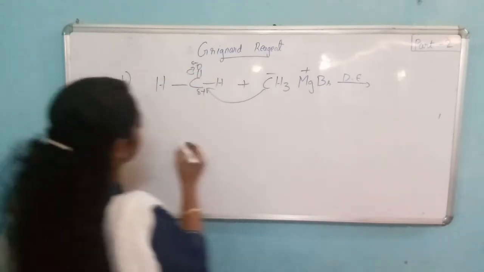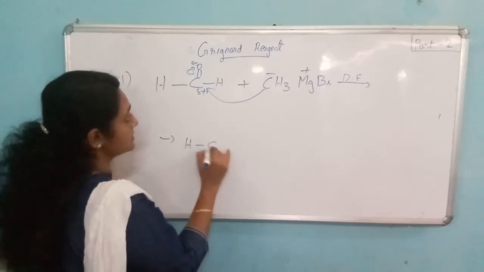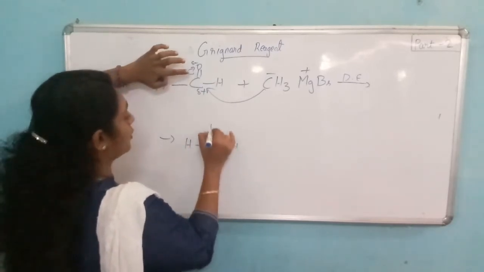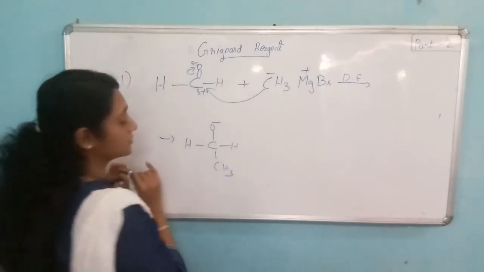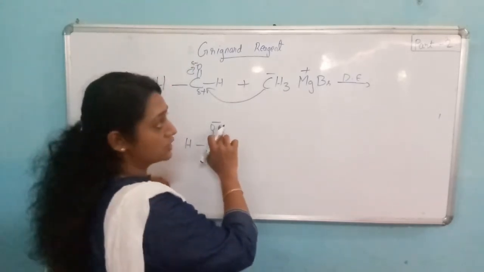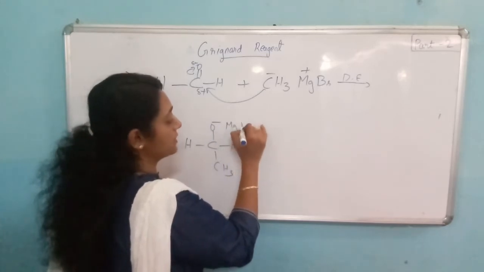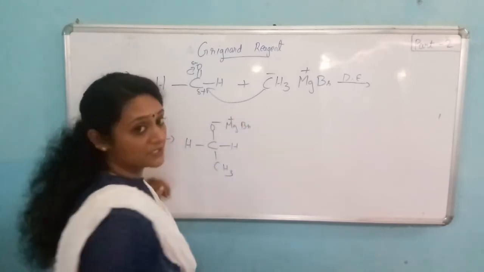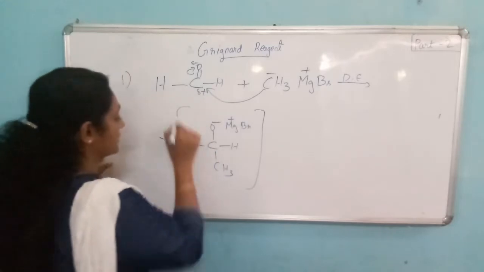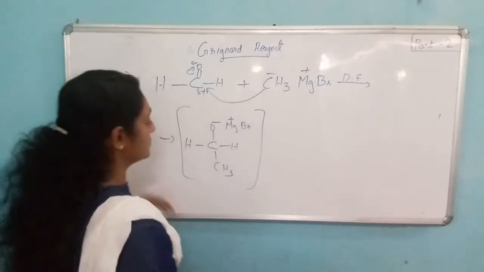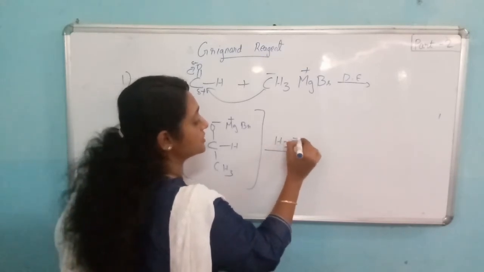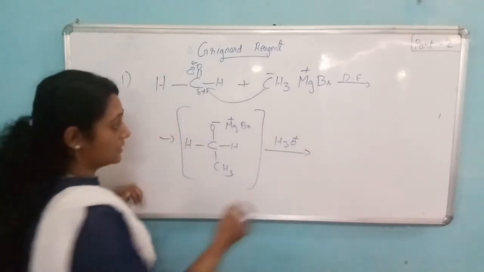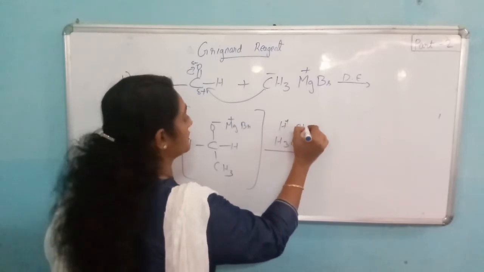We get the product as HCH2O minus with this CH3, and this minus charge attracts MgBr. This is a magnesium salt intermediate or addition product, and the second step is H3O plus addition, that is acid hydrolysis, meaning addition of H plus and OH minus.